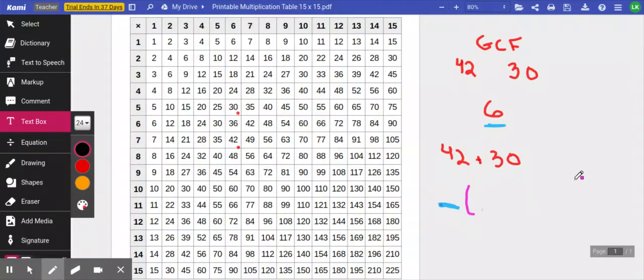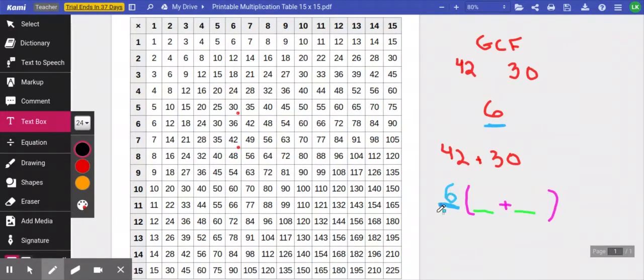Make some parentheses here. My greatest common factor is this 6, so my 6 is going to go outside.